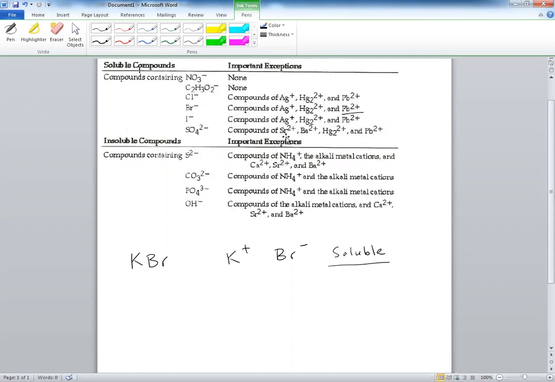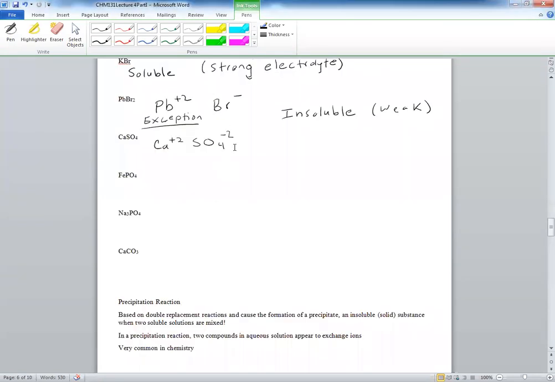So we start looking: no, no, no, and no. So again, it's not one of the exceptions, so it should be soluble. So it's a strong electrolyte.